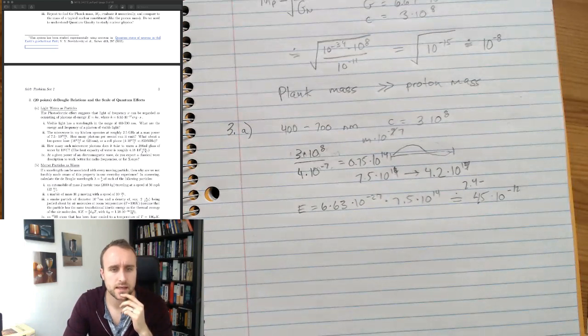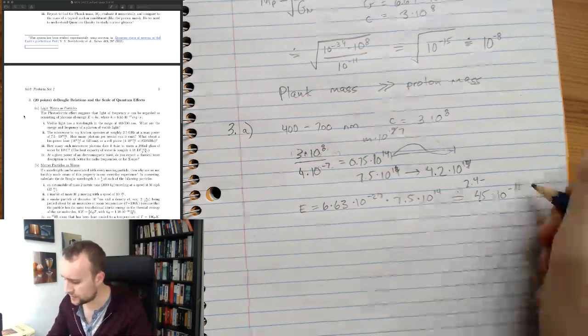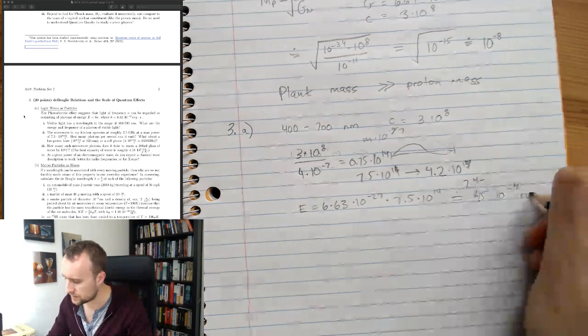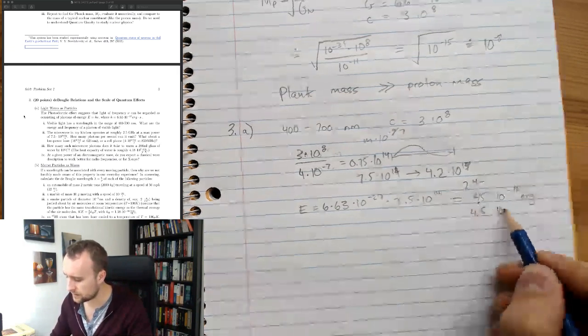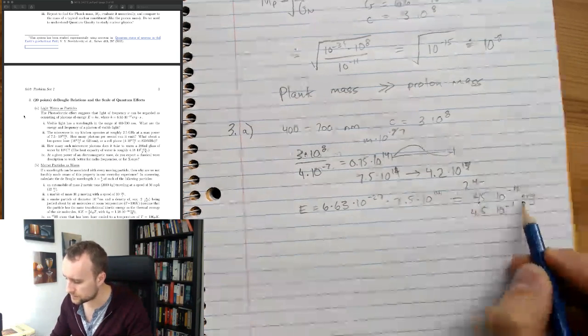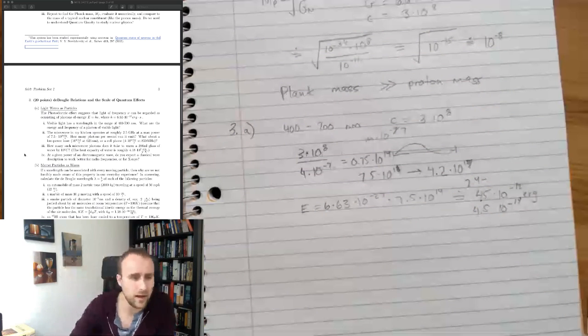Centimeter, gram, second unit of work, 10 to the negative 7 joules. Okay, so an erg is 10 to the negative 7 joules. So this is in ergs, then 4.5 times 10 to the negative 19. I didn't do the math with the calculator, but I think it's pretty close.